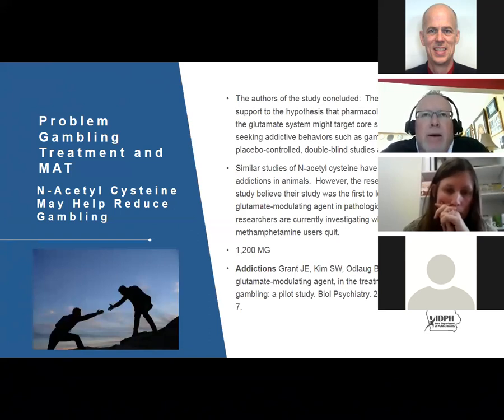It doesn't matter. The extra 100 milligrams doesn't make any difference, but the least amount of dosage is 1,100. And it talks about the fact that it reduces cravings for gamblers in over 60 up to 80% of people that have gambling issues, that are craving gambling, that are succumbing to the urges to gamble.